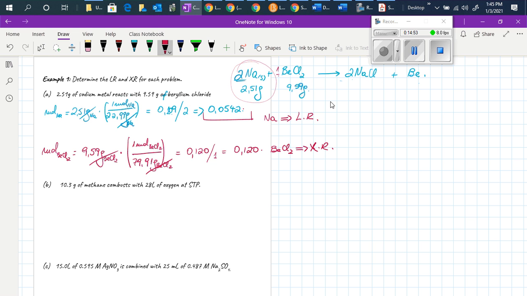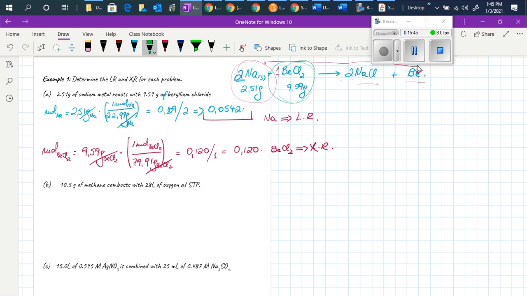So I start with sodium and I pick, let's say, sodium chloride or beryllium, whatever in the product, and I go, how much is produced when all sodium is reacting, and how much beryllium is produced, or if you are taking sodium chloride, then how much sodium chloride is produced, and then you will have a mass produced. Then I say, okay, how much beryllium or sodium chloride, whichever you picked, is produced when 9.59 grams of beryllium chloride is reacting, and then I compare.